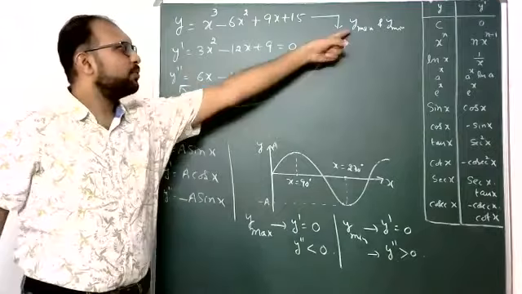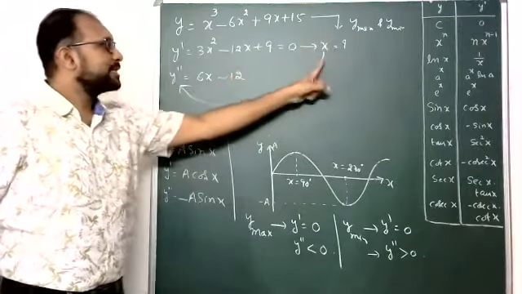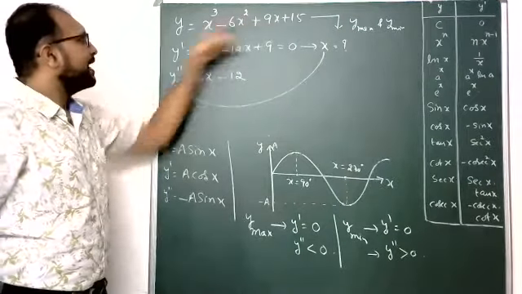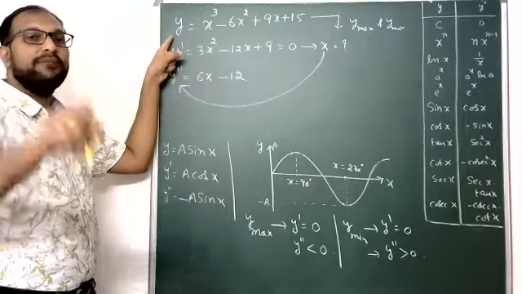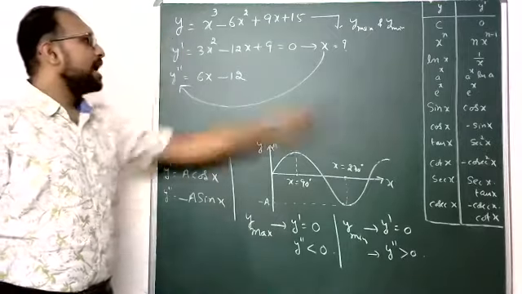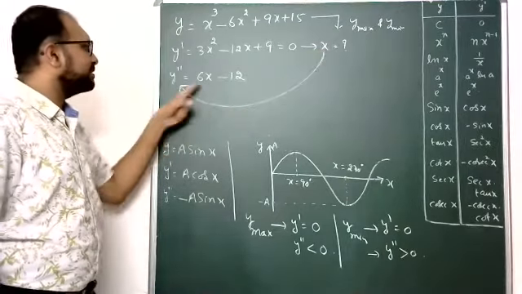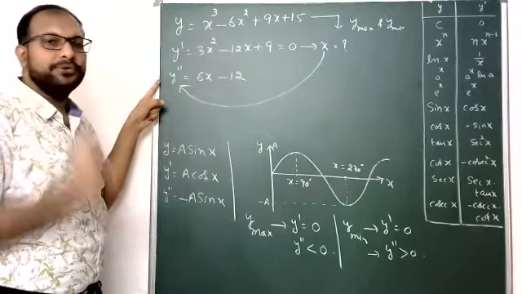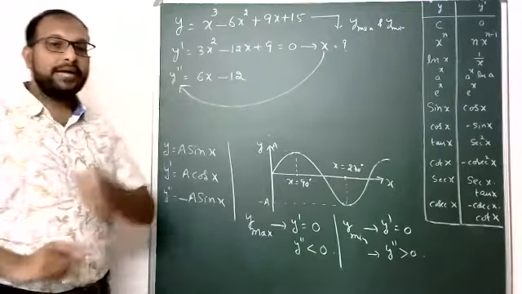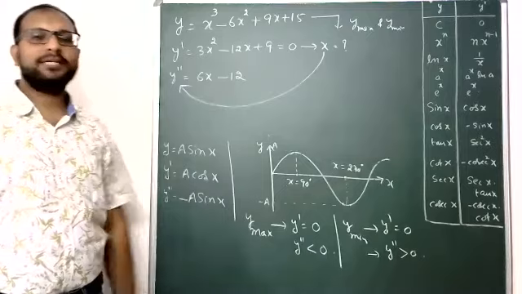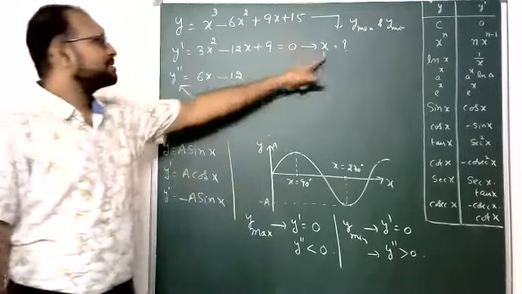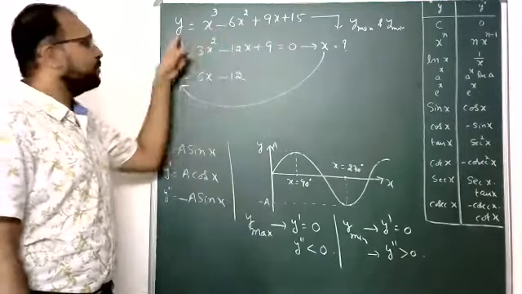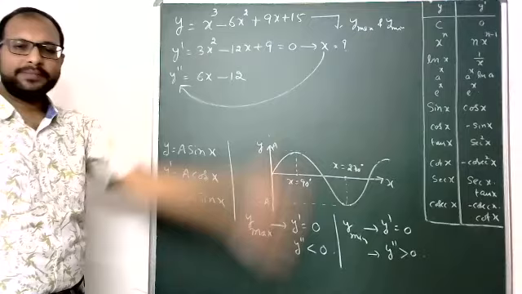Definitely that is related to y maximum, meaning that x value substituted again in the function gives a maximum value of y. Suppose after substitution y double prime is positive, then y will have the minimum value at that point of x. So substitute x in the function, and you will get the minimum value of y.